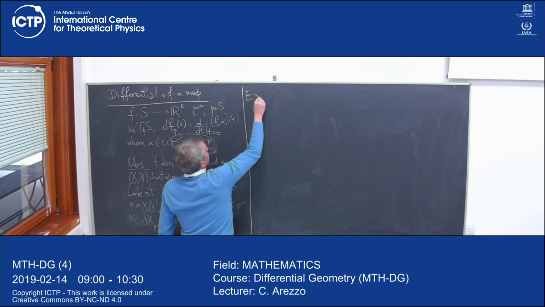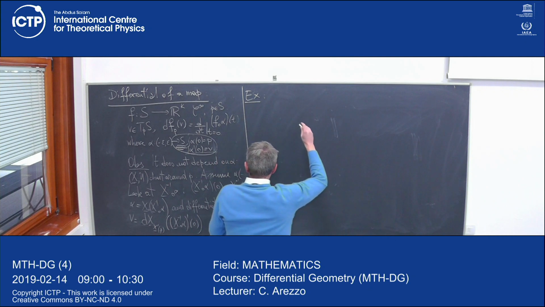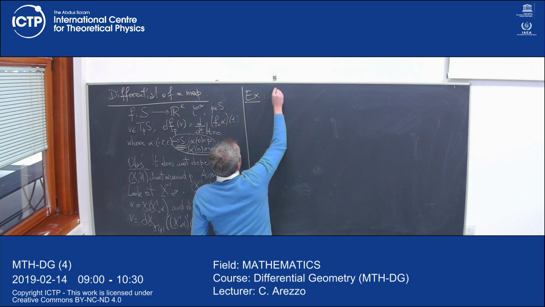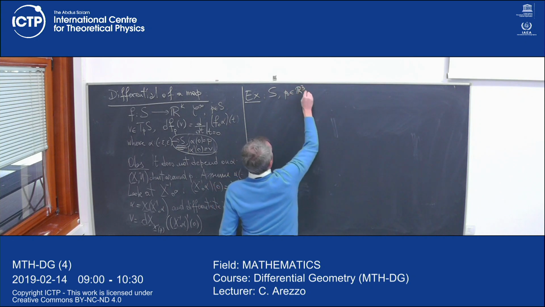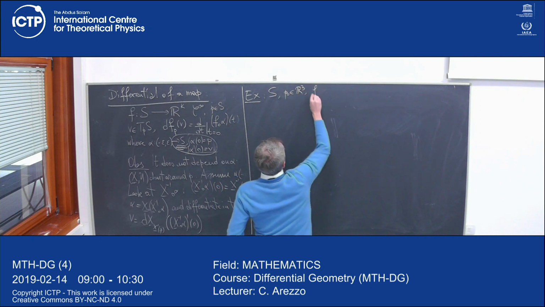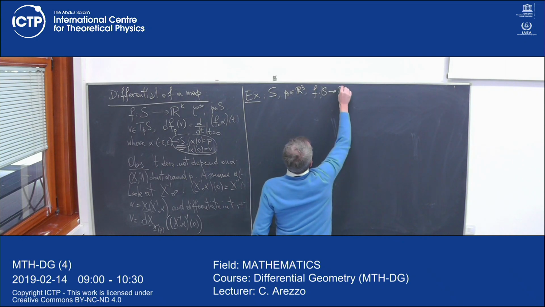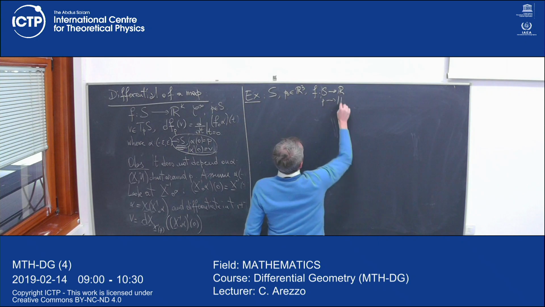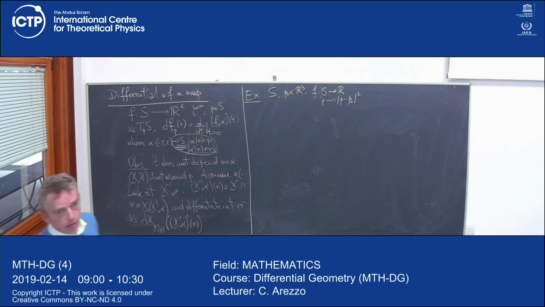Remember, we have S and P naught in R3, and the function f was defined from S to R, taking P into the distance squared from this point P naught.